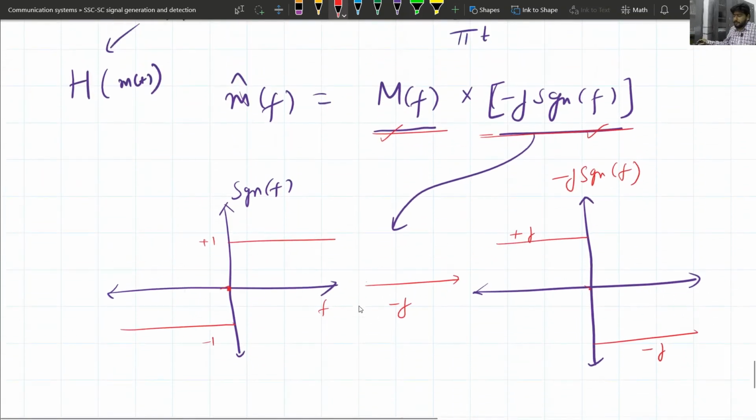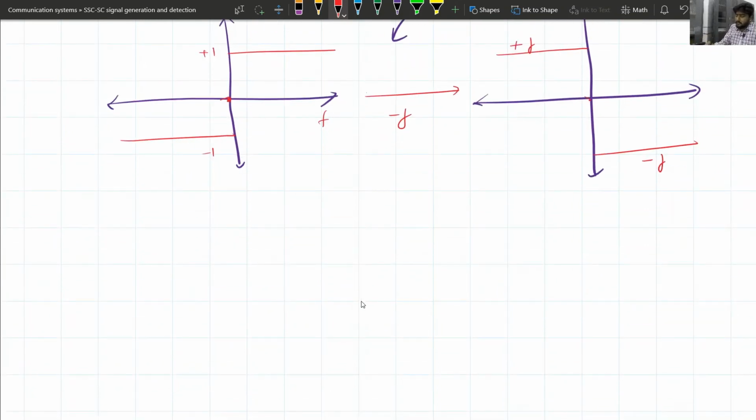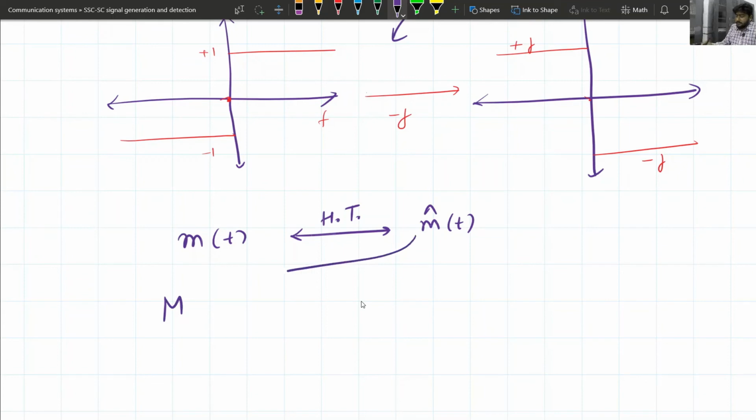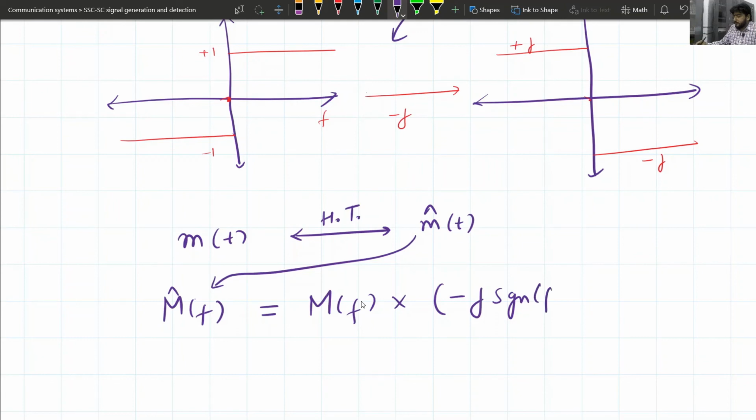Or in general we can say that for any signal m t, if its Hilbert transform is m hat t, then in the frequency domain it is simply the message signal in frequency domain multiplied by minus j times sgn f. Now what is this particular function doing?